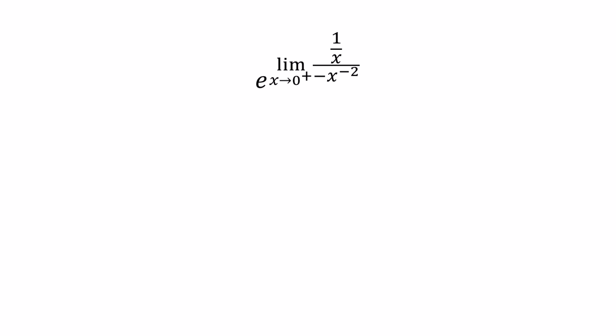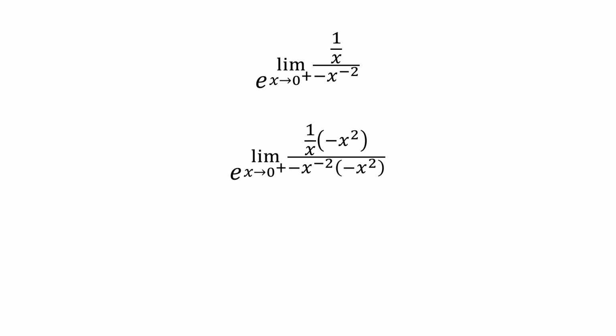Multiplying the numerator and denominator by negative x squared, we obtain e to the limit as x approaches 0 plus of 1 over x times negative x squared all over negative x to the negative 2 times negative x squared.